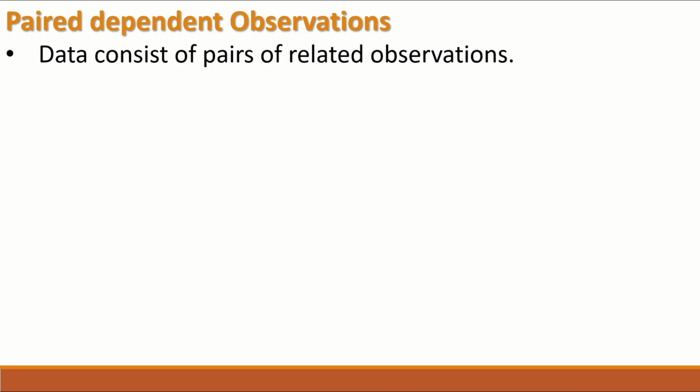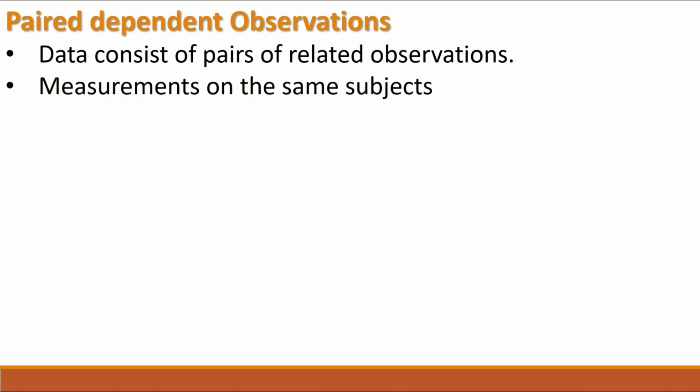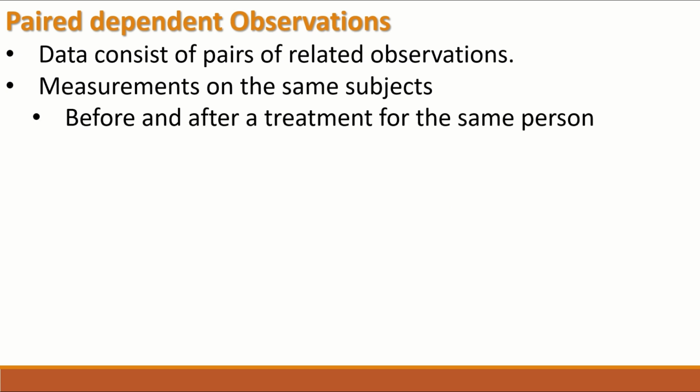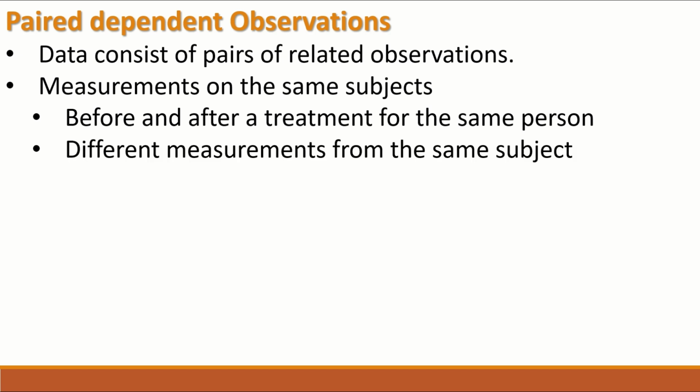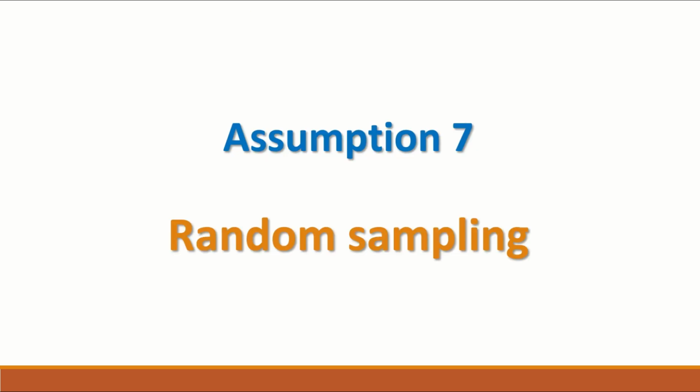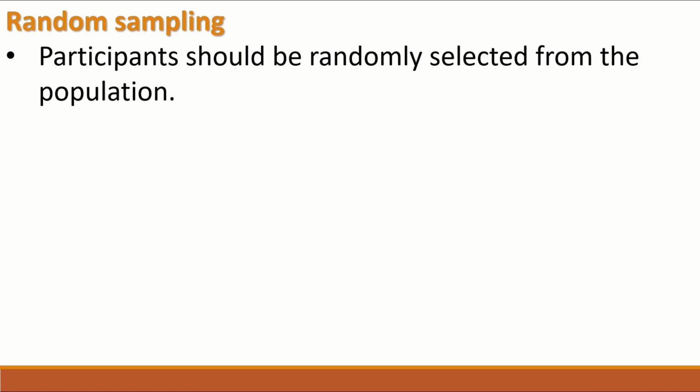Data consists of pairs of related observations, so the measurement is done on the same subject, such as before and after treatment for the same person, or different measurements from the same subject. And finally, the last assumption that has to be fulfilled is random sampling, which means that the participants should be randomly allocated, selected, or picked from the population.